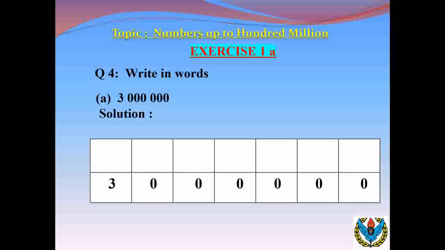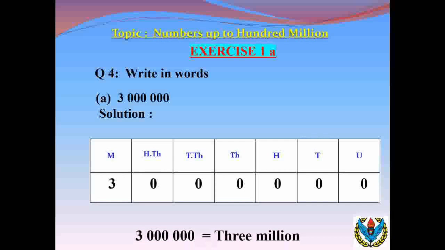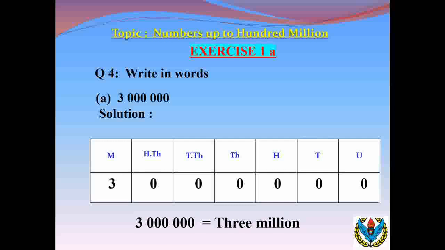We will start from the right side. The digit at the right side will have the place value of units, tens, hundreds, thousands, 10,000s, 100,000s, and then million. So this number will be written as 3 million in words.